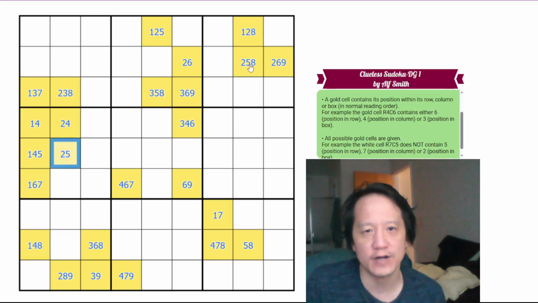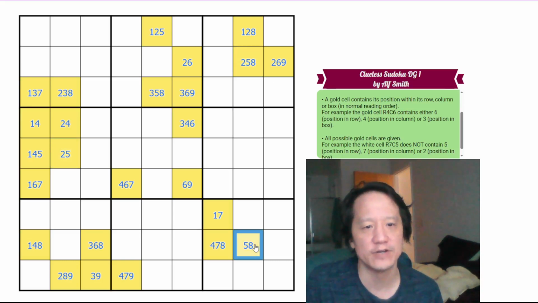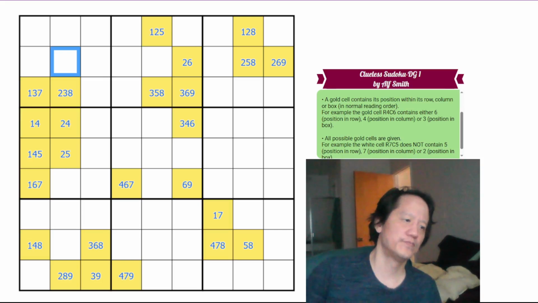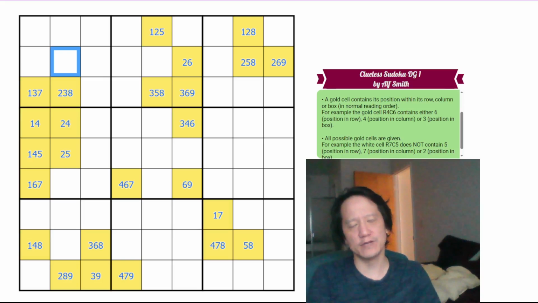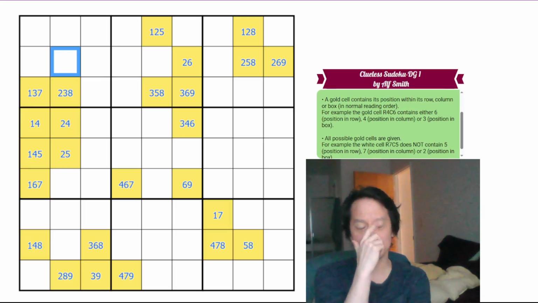This is 2 or 5, this is 2, 5, or 8, this is 5 or 8. That means the remaining digits in the center box cannot be 2, 5, or 8. Well, none of them match the gold, so that makes sense.